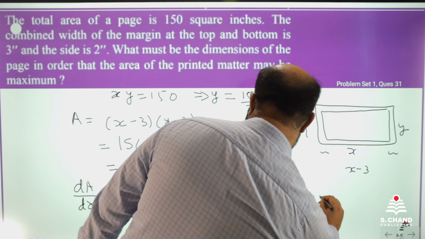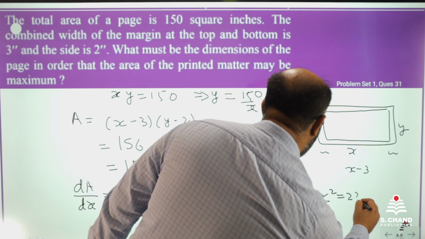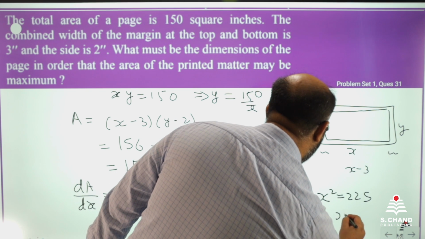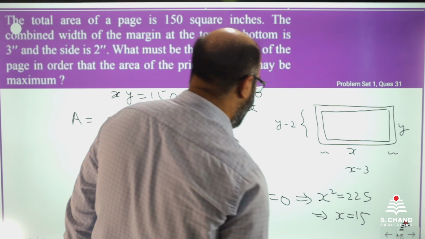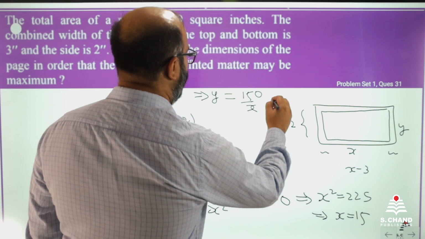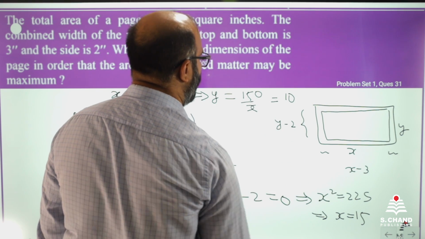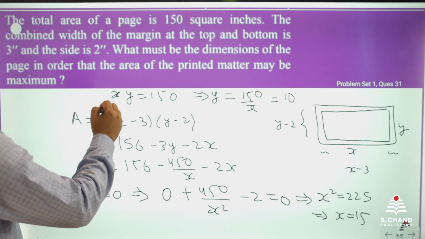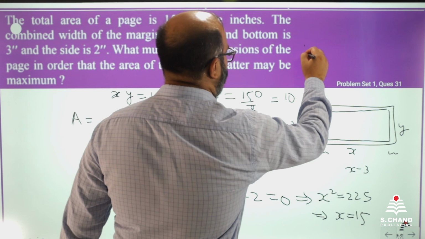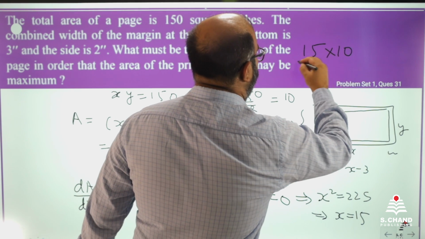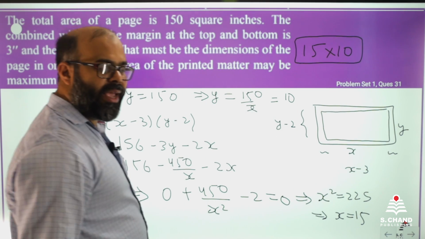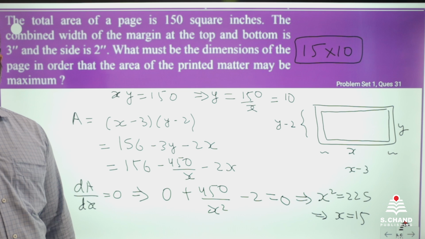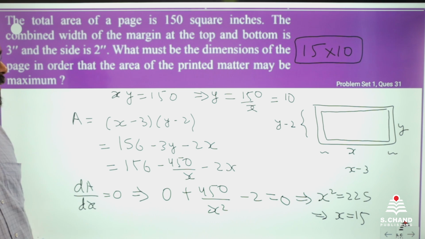This is what we are getting. So x square is equal to 225 or x is equal to 15. And if x is equal to 15, then y will be equal to 10. So you can say that the page dimension is 15 into 10 for the maximum printed area on giving a margin of 2 inches width and 3 inches length.